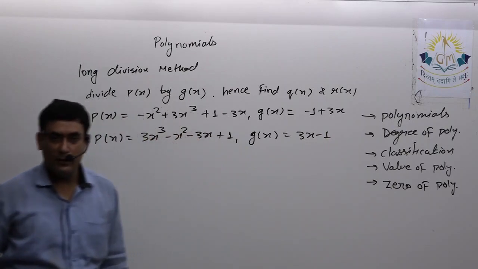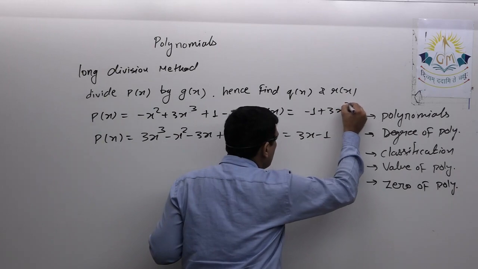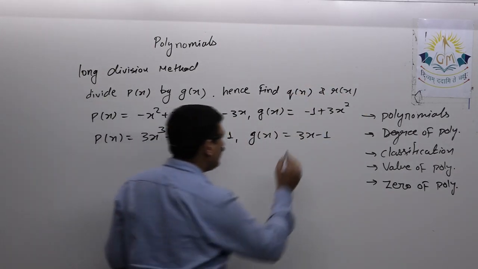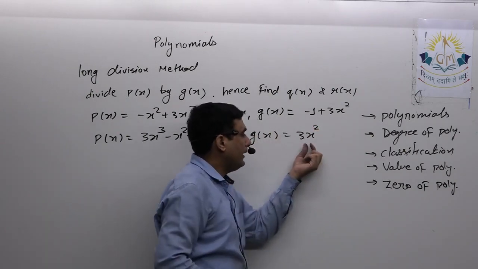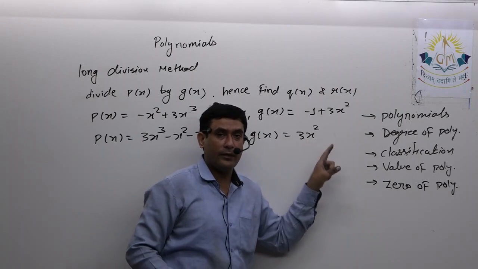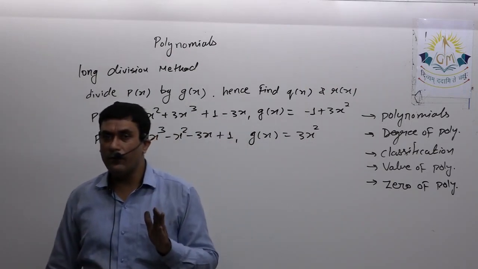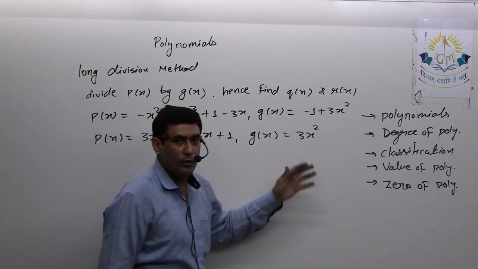Now I will start dividing. One thing more: for a while, suppose this is 3x square. After x square there must be a term of x, because in the standard form we write the polynomial in decreasing order of degree.